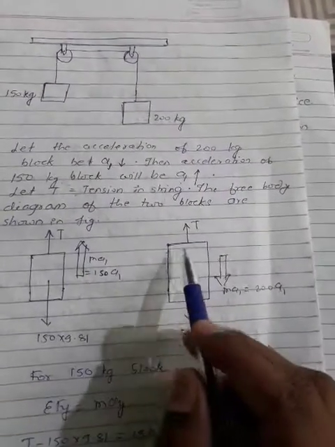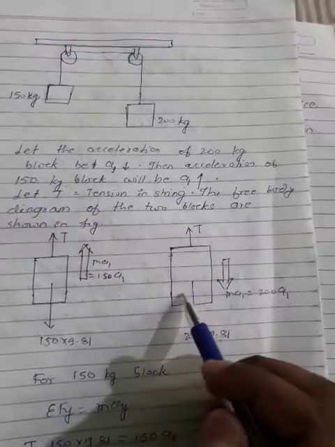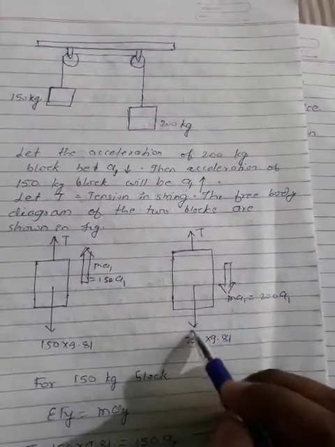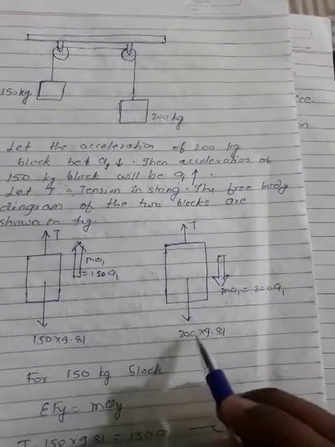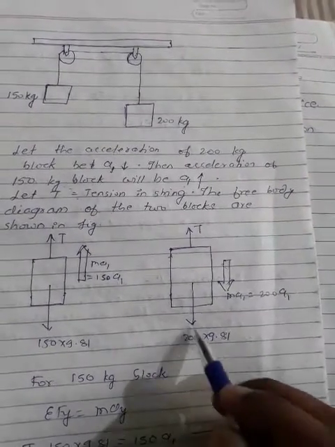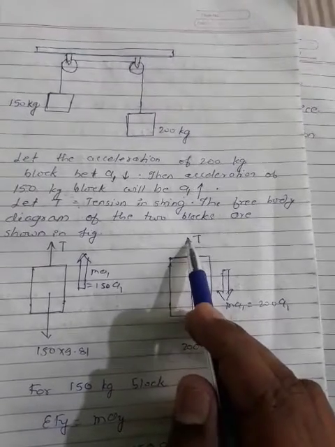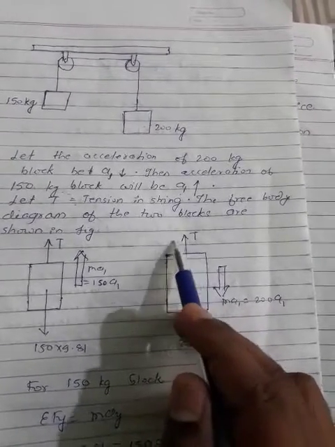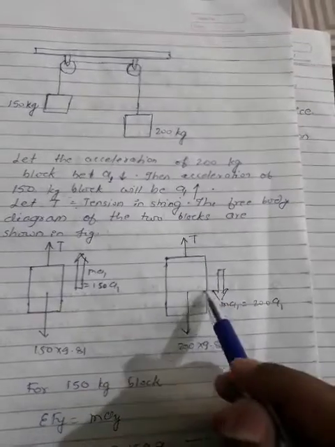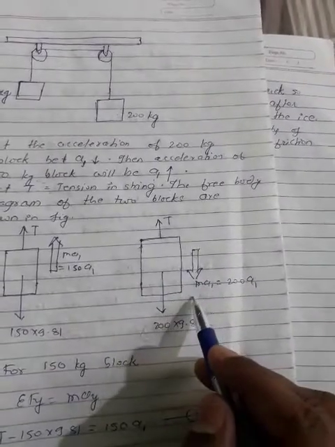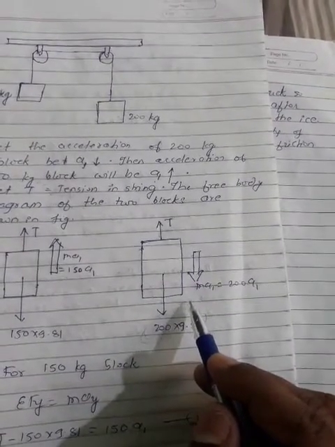As the 200 kg block will move in the downward direction, this is the block, and its self weight is 200 into 9.81. Then it is connected by a string, so there will be a tension, which I have shown by T. The same amount of tension will develop in the other block. First I am showing the free body diagram for the 200 kg block.